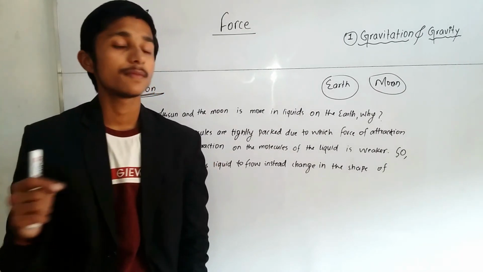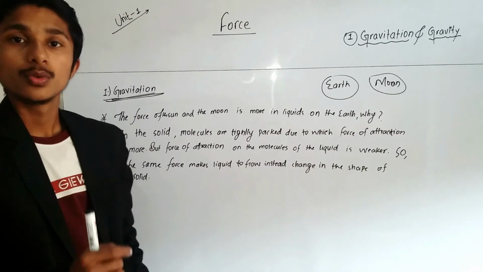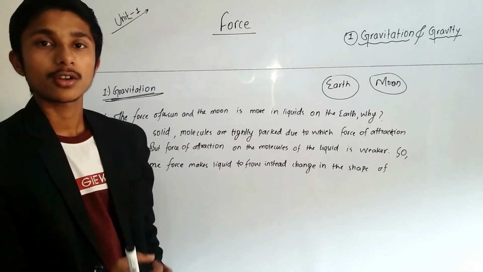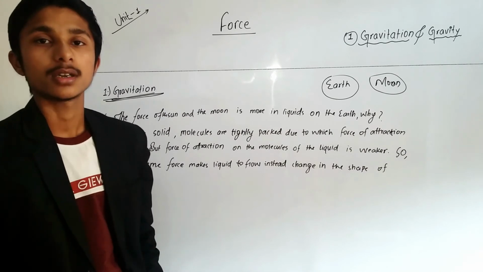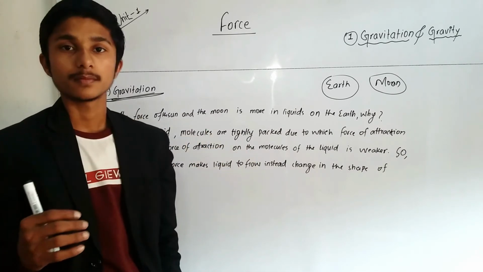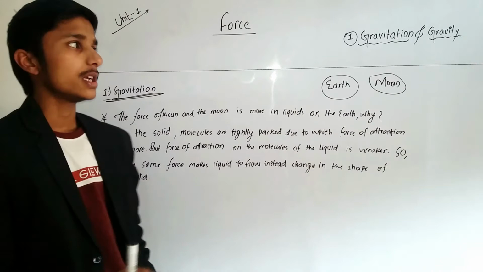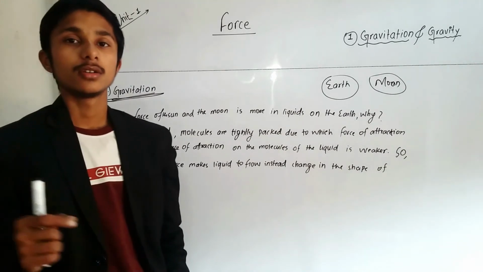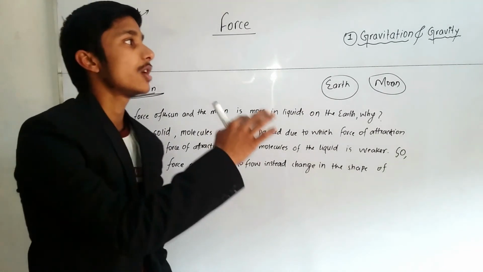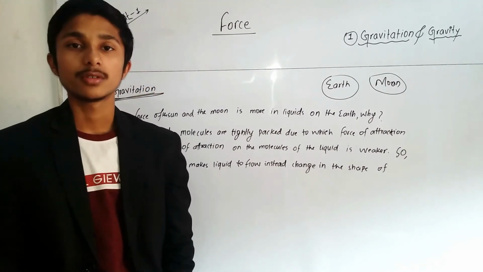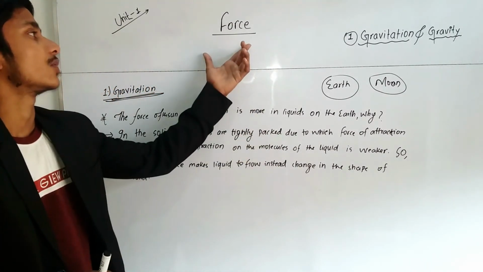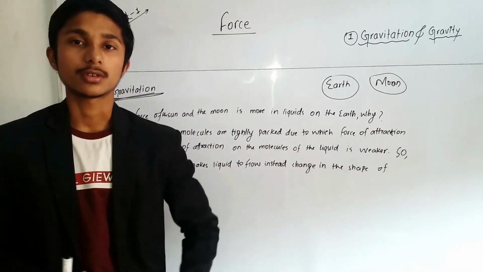So gravity is defined as the force with which a heavenly body attracts or pulls other objects towards its center. Okay, and the SI unit of gravity is Newton. Since this is also a force, its SI unit is Newton, because we know that the SI unit of force is Newton.